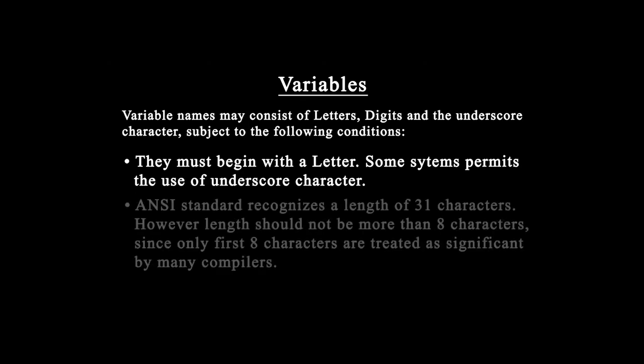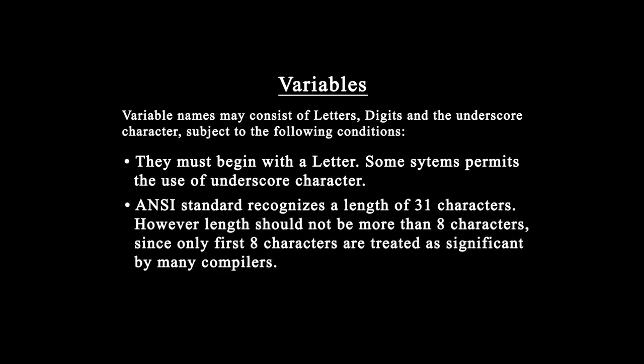Second point is the ANSI standard recognizes a length of 31 characters. However, length should not normally be more than 8 characters, since only the first 8 characters are treated as significant by many compilers. So usually we should use only a maximum of 8 characters while defining a variable.